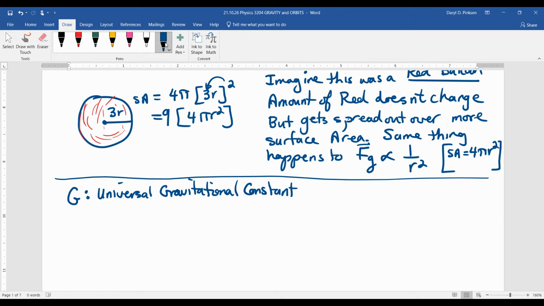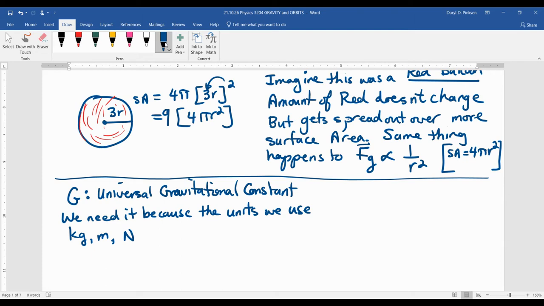The reason it's put in there is because the units we use, like kilograms, meters, newtons, these are kind of random things.